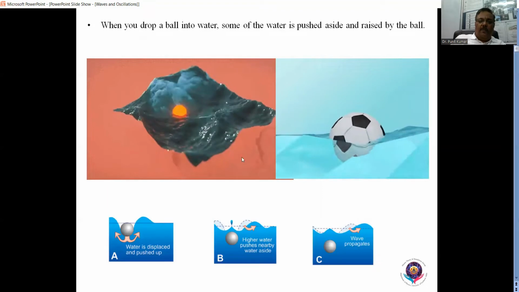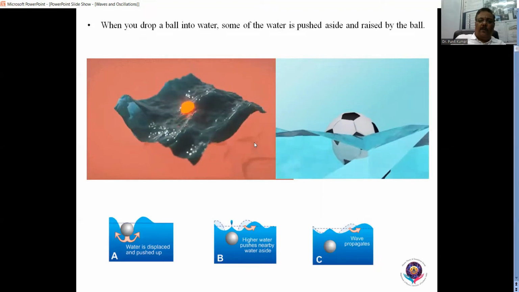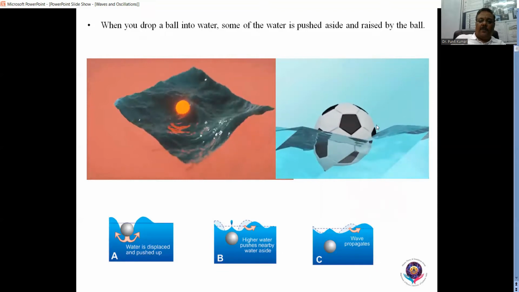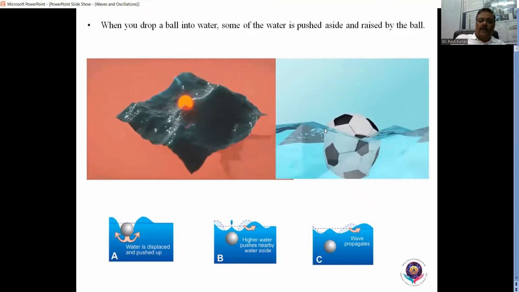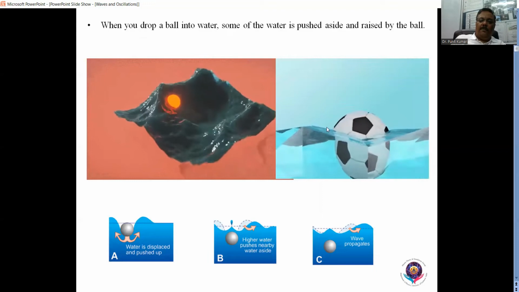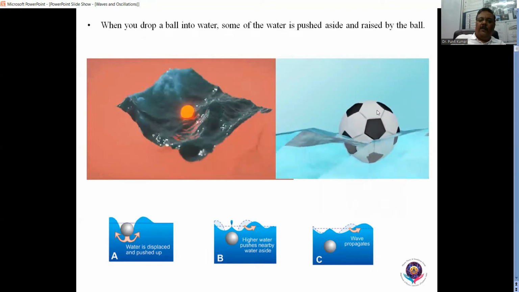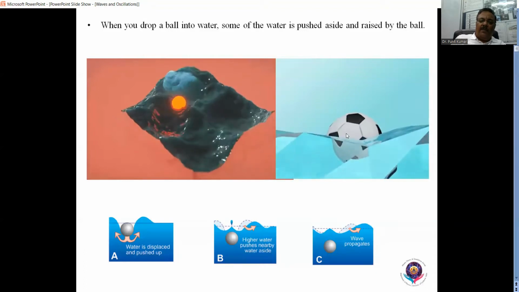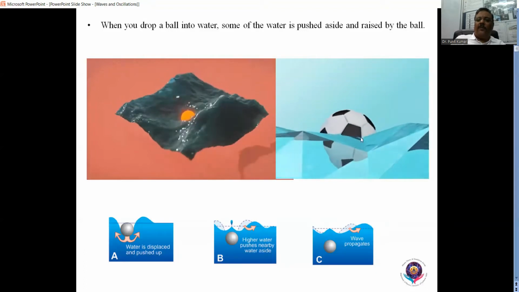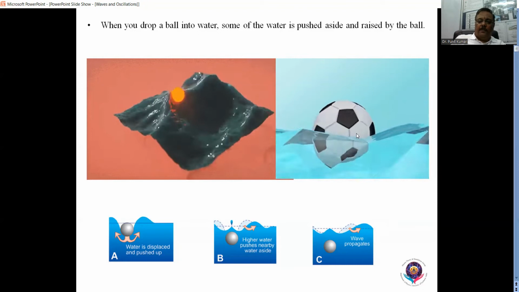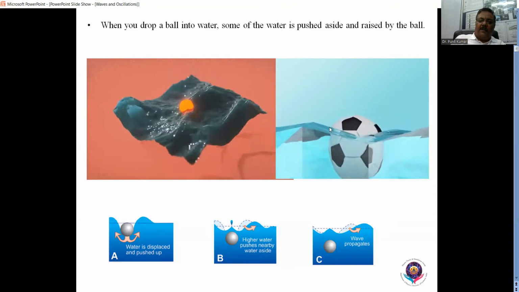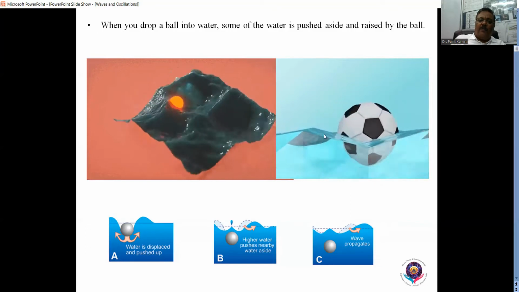When we drop a ball into water, what happens? We see this kind of motion. The ball is coming up, going down, and again coming up. And at the same time, it is also moving on the surface of the water. So basically, this has created a disturbance that is traveling in the form of a wave.